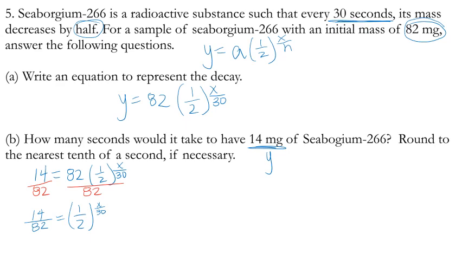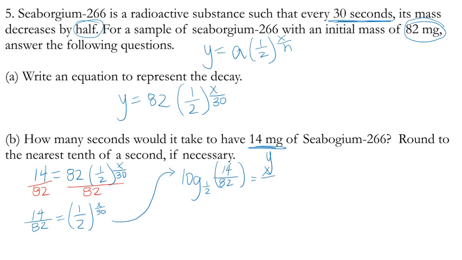And now I have something that is in exponential form, but I don't know how to solve it. So let's go ahead and change it over to logarithmic form. I'd have log base 1/2 of 14 divided by 82, that would be the argument, is equal to the exponent.